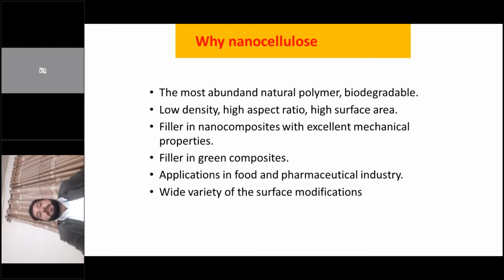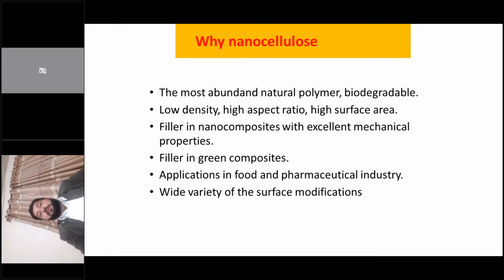It has low density, high aspect ratio, and high surface area. It can be used as a filler to produce nanocomposites, and these nanocomposites usually have extensive mechanical properties, and they are responsible for production of green composites, and a sustainable environment is ensured by using nanocellulose as a filler.